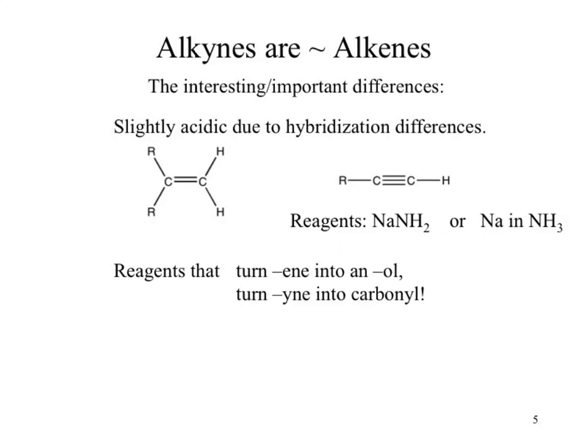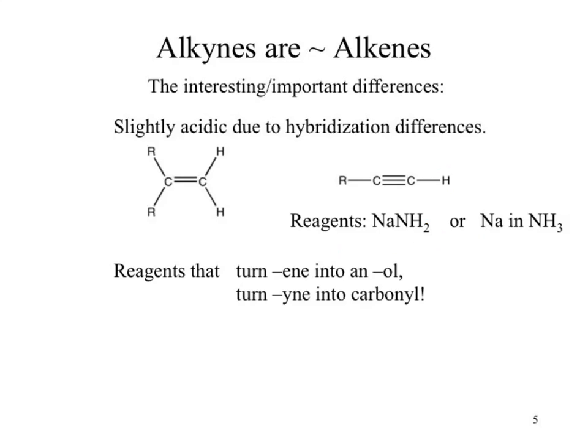You could throw in our boron, our BH3 and THF, followed up with hydroxide and peroxide. That puts on our alcohol. We could use mercury, again putting on the alcohol in both those cases. Turns out that when we try and do that same chemistry with the alkyne, the chemistry changes ever so slightly.